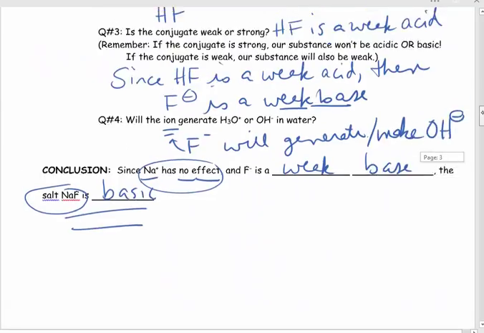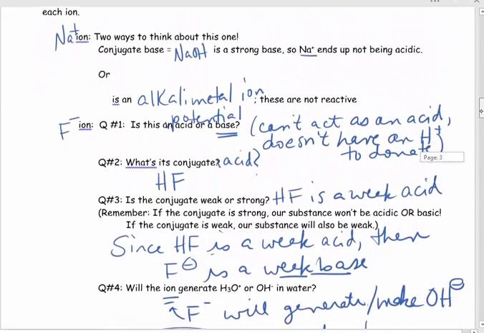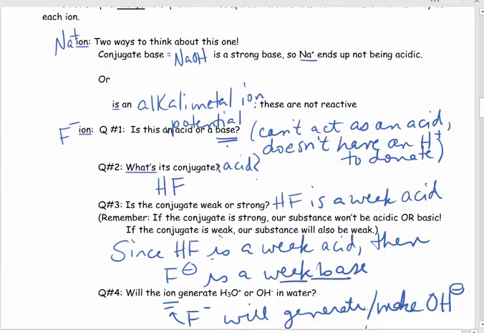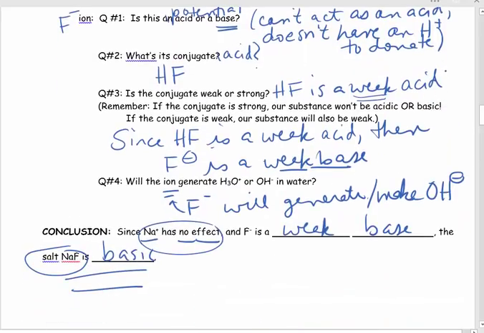So in our first example, we decided F minus was a potential base. We looked at its conjugate acid, kind of like what we just did with the previous example. But then we realized, oh, HF is a weak acid, not a strong acid like HNO3. This is because it's not one of the 6 acids on the strong acid list. So since HF is a weak acid, we said, okay, if the conjugate acid is weak, then the original ion is also weak.